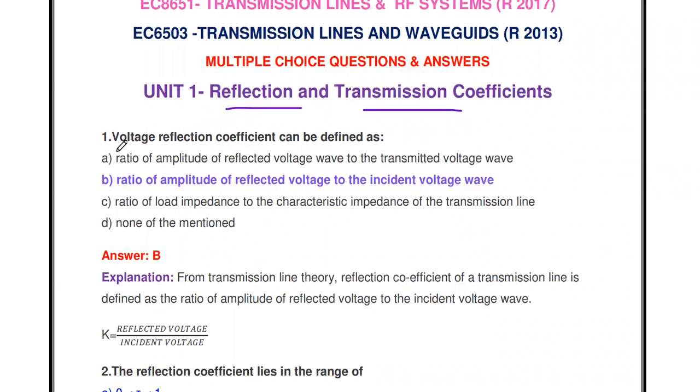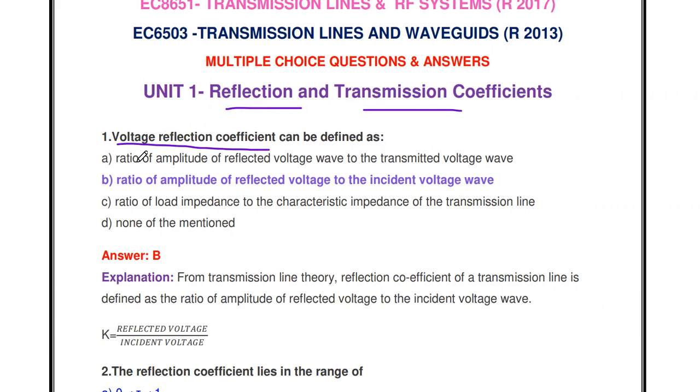The first question: the voltage reflection coefficient can be defined as dash. In order to measure how much reflection is available in a transmission line, we use a parameter called the voltage reflection coefficient.